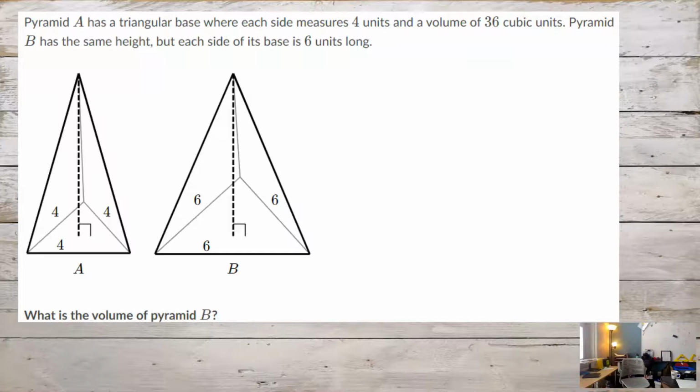Questions on why we do that? Areas always have a square relationship. Whatever happens to the length, that squared happens to the area. Whether we're working with circles, triangles, hexagons, that relationship always happens. Whatever happens to the length, the area is that ratio squared.